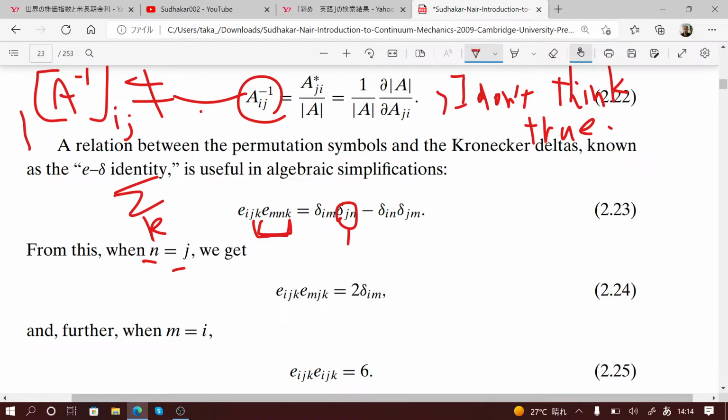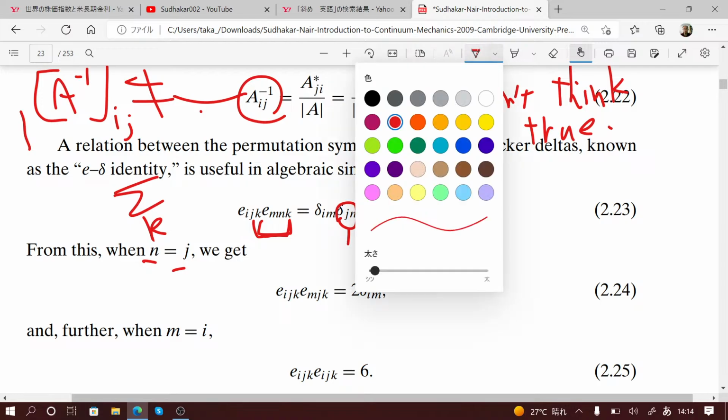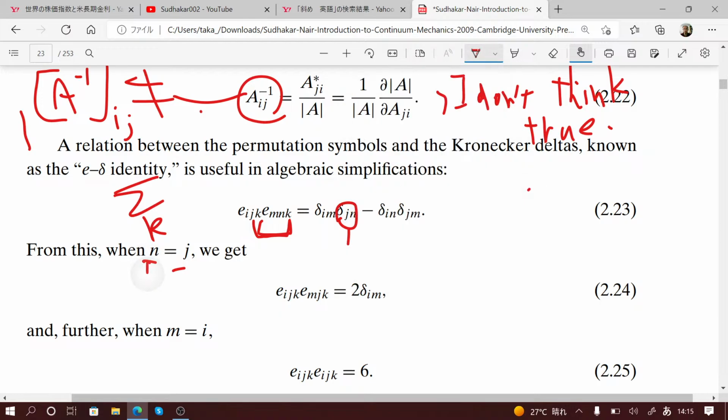Complicated. How come this one, n equals j?